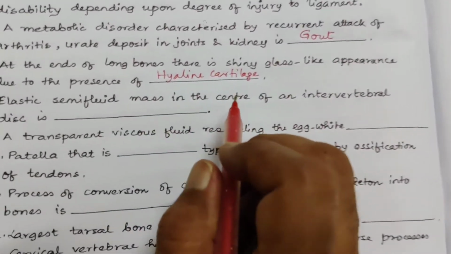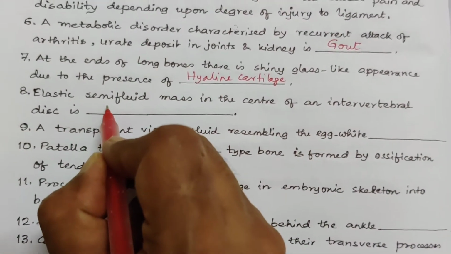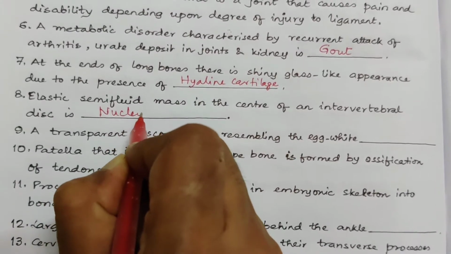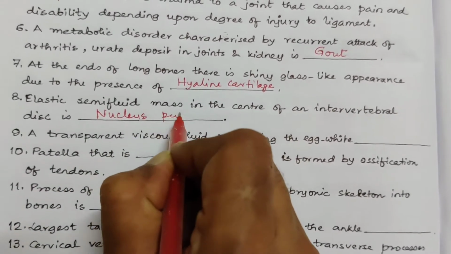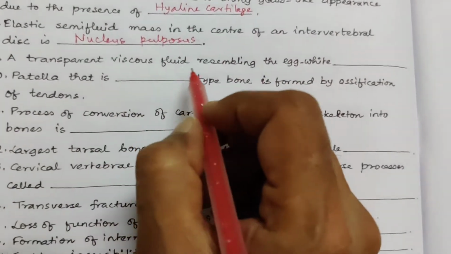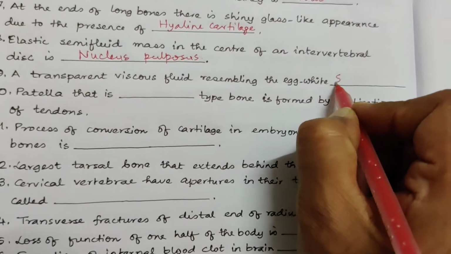Elastic semifluid mass in the center of an intervertebral disc is nucleus pulposus. A transparent viscous fluid resembling the egg white is synovial fluid.